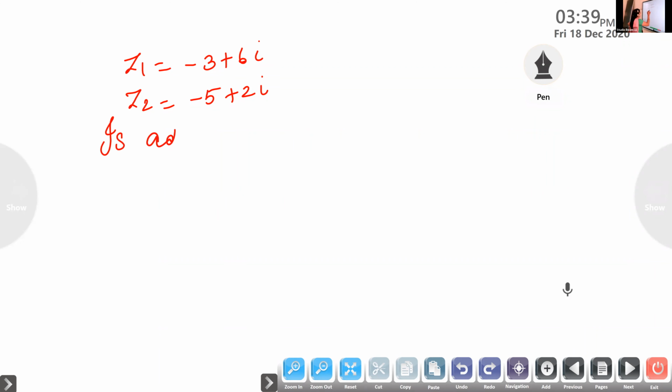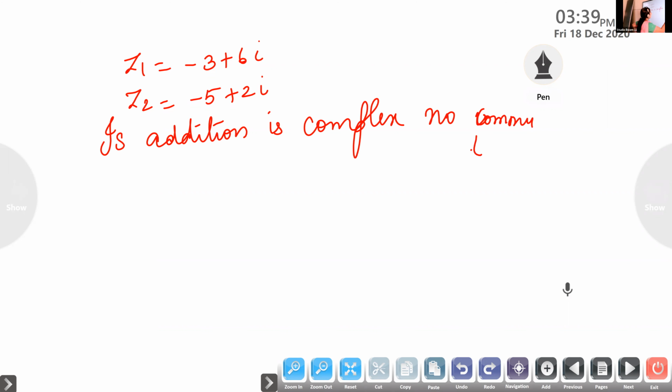Is addition in complex numbers commutative?